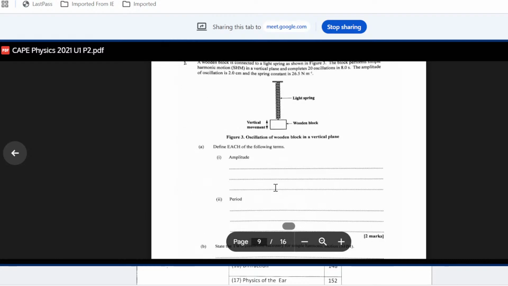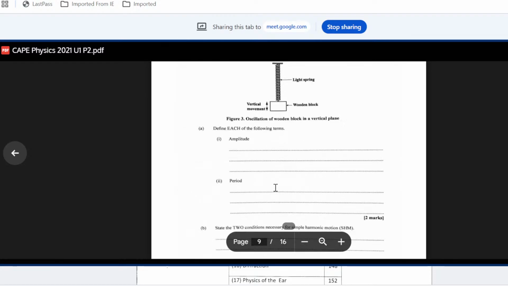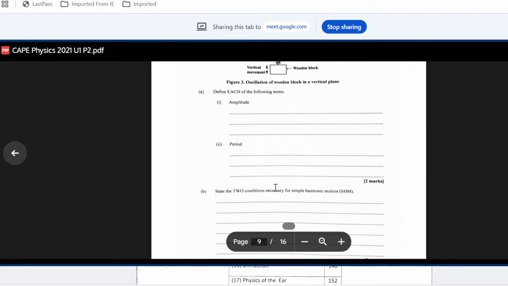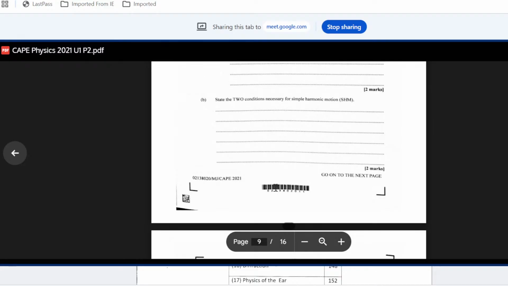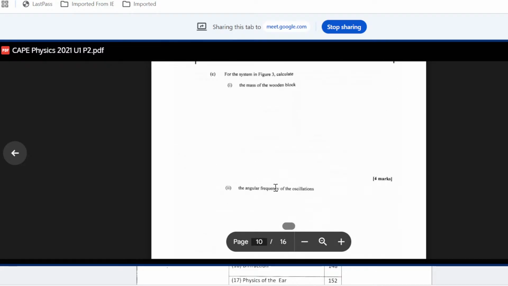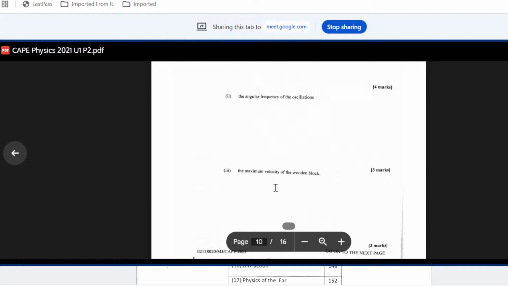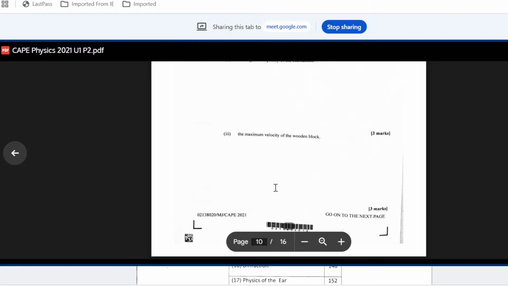So it's harmonic motion with a spring. We did the conditions.